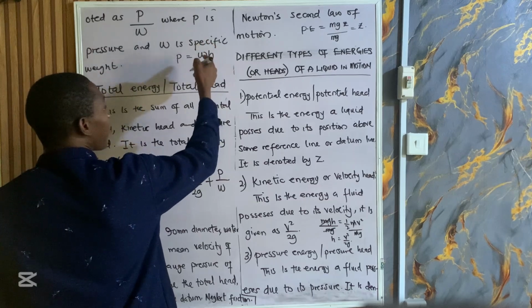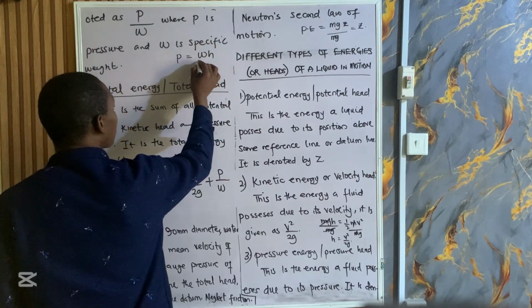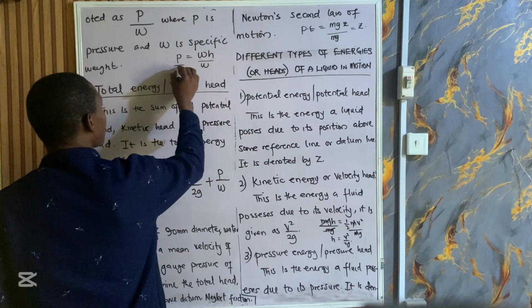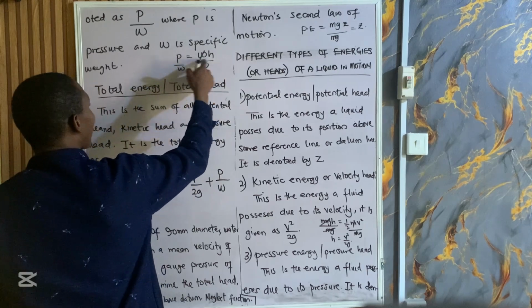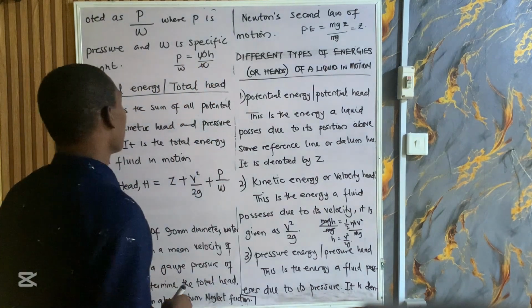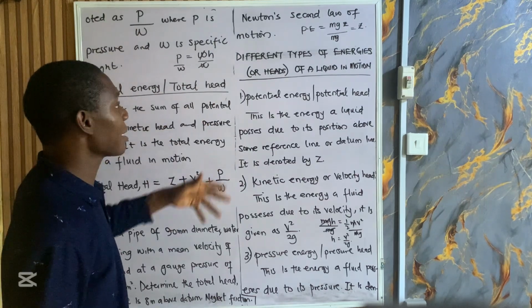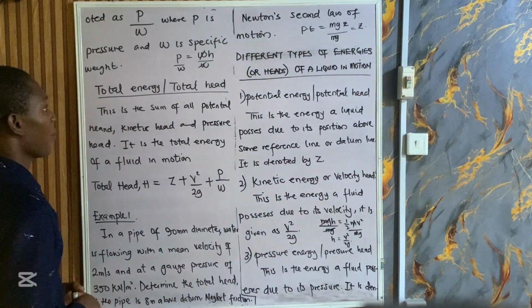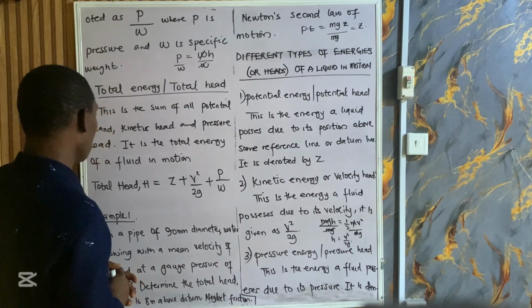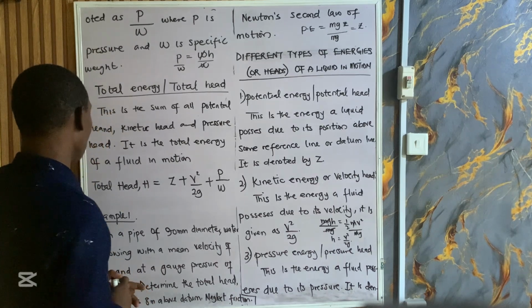So if you want to leave pressure in terms of height now, you have to divide both sides by specific weight. So pressure in terms of height is P over specific weight. So that's how we have this. So everything is in terms of height. So these are the three energies we are considering for a fluid in motion.